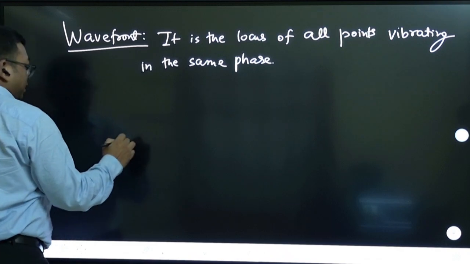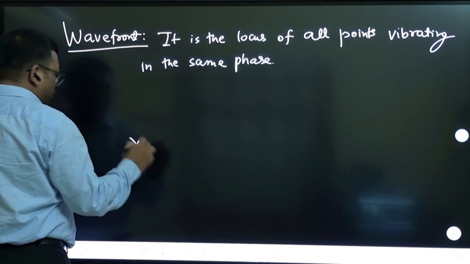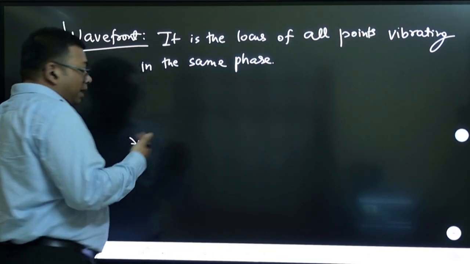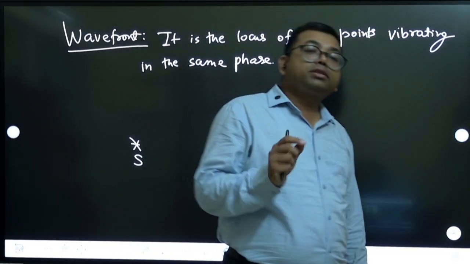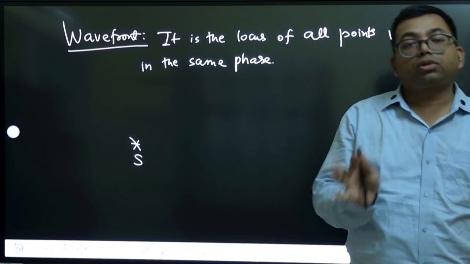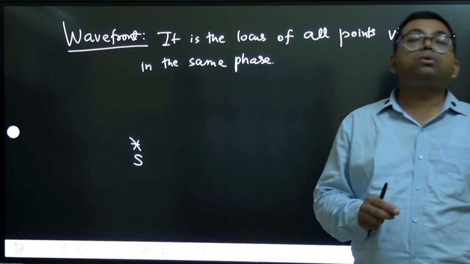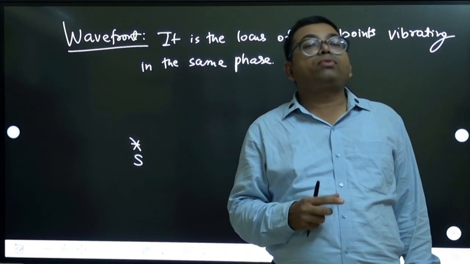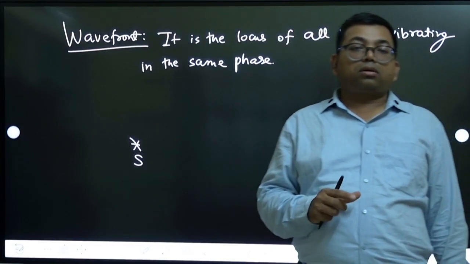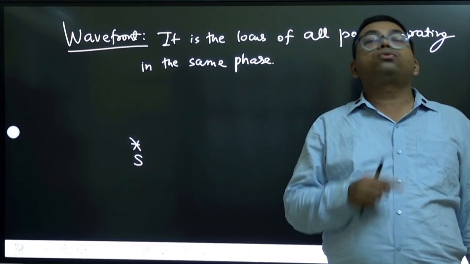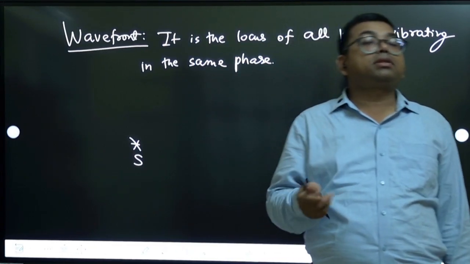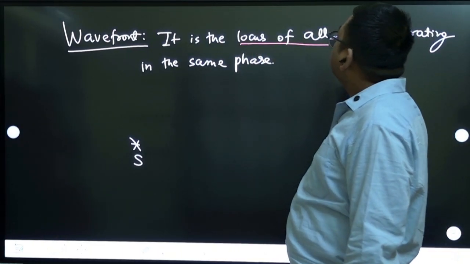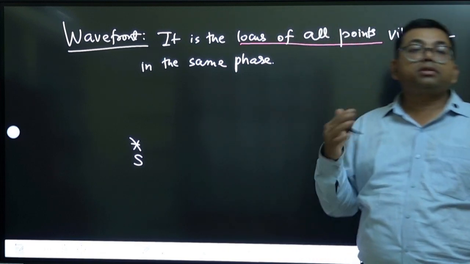Suppose, for example, that there is a source of light, and this source is emitting light radiations, so it is disturbing the particles around it. All those points which are vibrating in the same phase, after joining those points, you will get a surface. That surface is called wavefront. Locus of all points means joining all those points which are vibrating in the same phase.